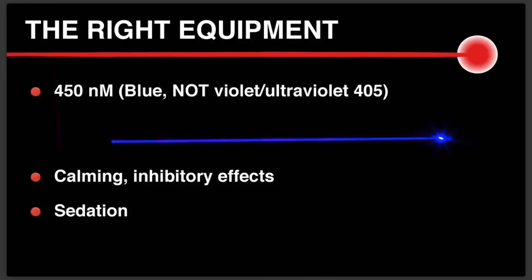I just bought it on eBay because I was experimenting with lasers, and they said, yeah, 450 nanometer blue, and it arrived, and it was a 405 El Cheapo. Of course, when I contacted the seller, I got nothing. So you want to watch that and make sure you're buying from somebody reputable and get the wavelength you think you're getting. The blue has a calming inhibitory effect. In acupuncture, I like that for sedation.